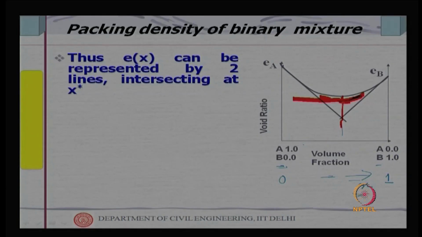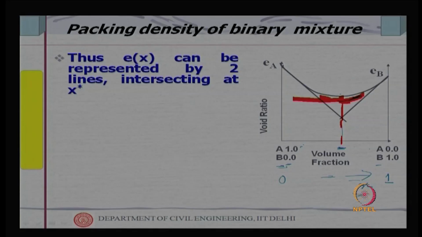But one interesting thing is that, by and large, near this point you will have the minimum packing, very close to what you would have found in the ideal case. The important point here is that there is a specific proportion of B and A where this will be minimum. That means it is not independent of the proportion; the minimum void content is a function of the proportion of B in A, or otherwise the proportion of A in B.